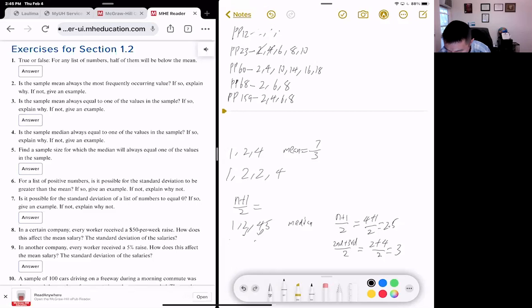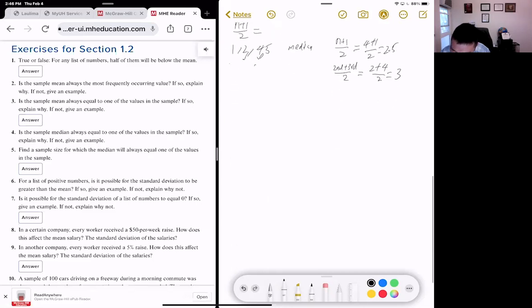Question number 6. For a list of positive numbers, is it possible for the standard deviation to be greater than the mean? If so, give an example. If not, explain why not. So what is standard deviation? We know the equation for standard deviation, but what does it tell us?